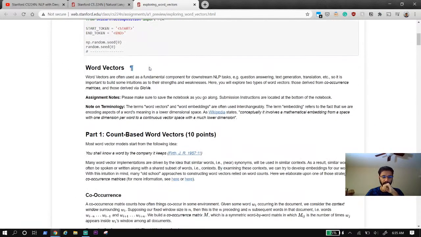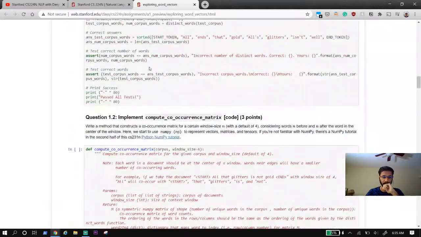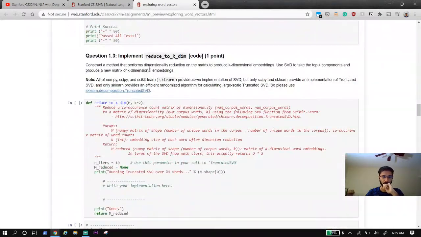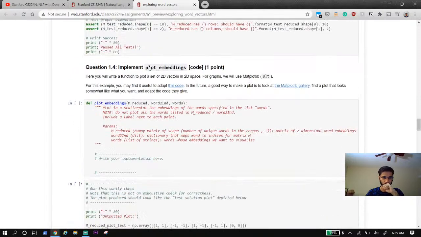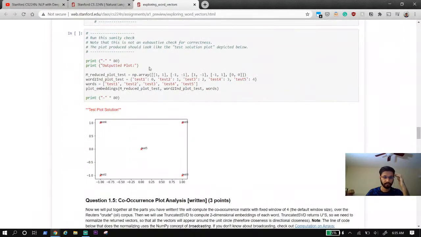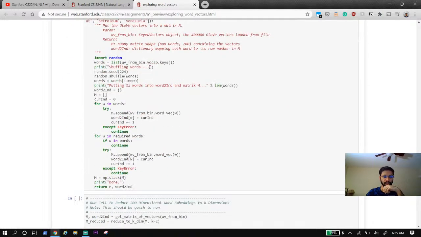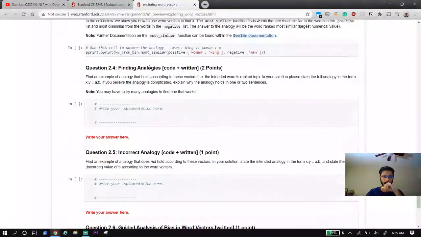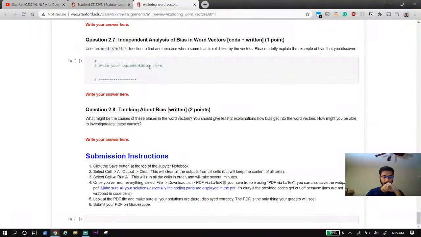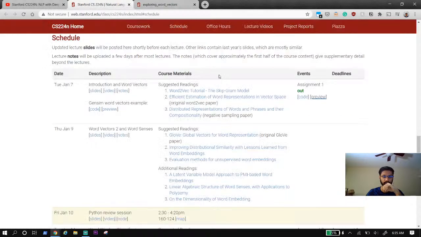Okay, so we also have assignment code which will be good to practice. I think we can do an exercise video that will help us get a better understanding.